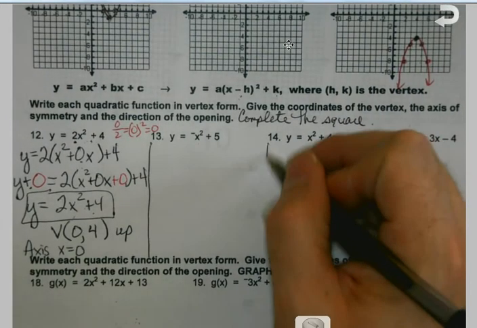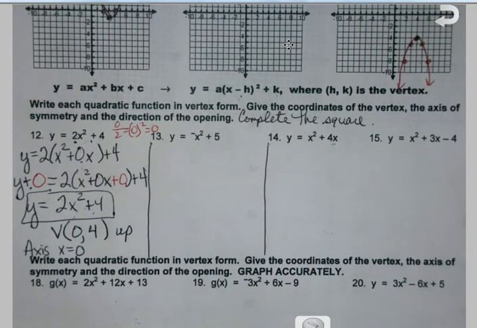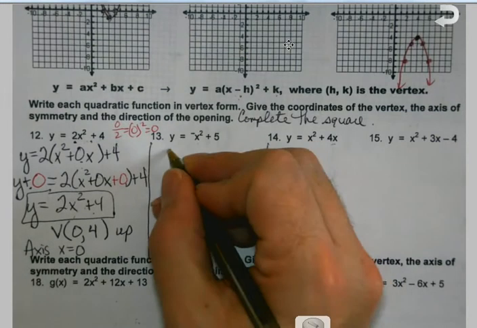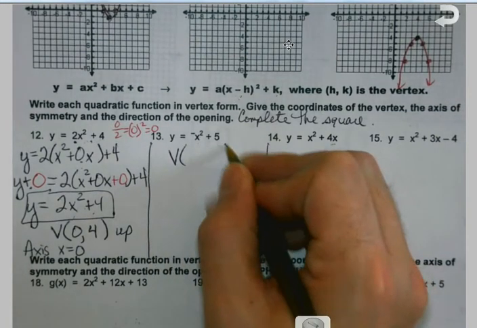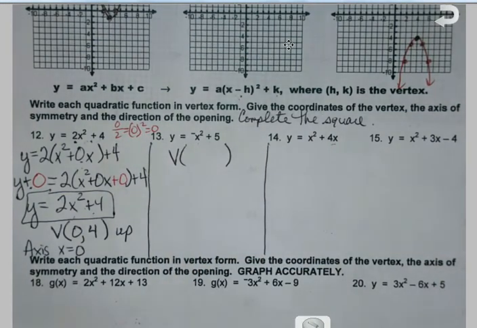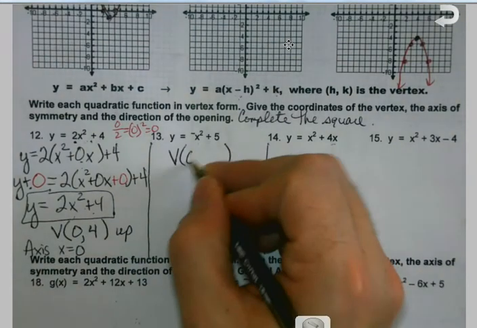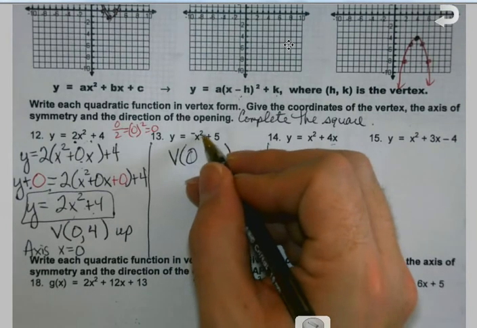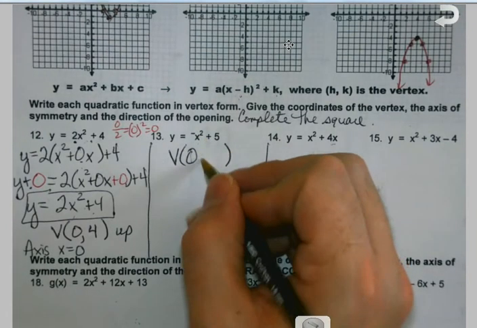So that's also going to be true on number 13. But let's see here. What's my vertex going to be on number 13? Yeah, 0, because again, without that x term, it'd just be x plus 0 basically here.